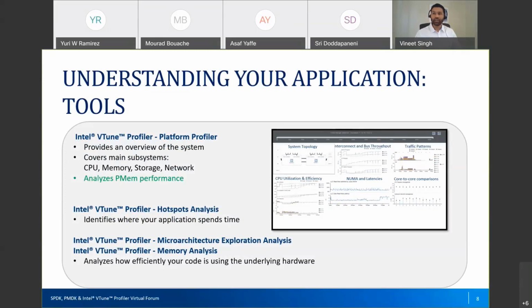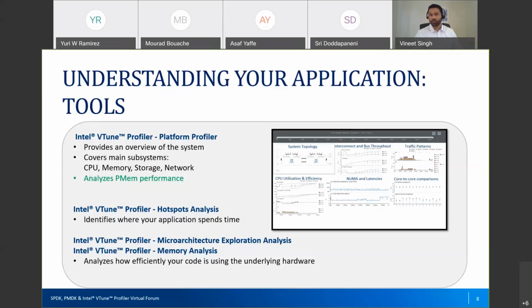If you need application specific information, like what are the memory objects and what's the size of those allocations, you need to go to memory analysis and microarchitectural exploration. That gives you more detailed information about how your application is using the hardware.